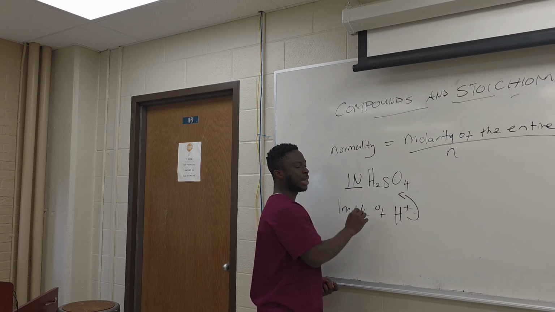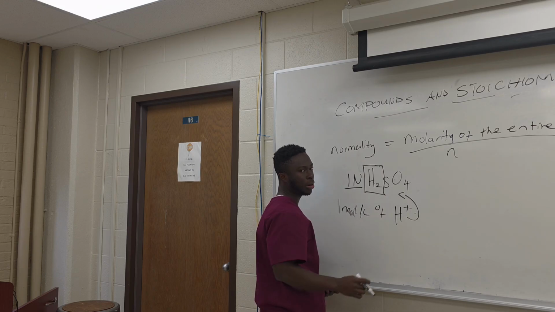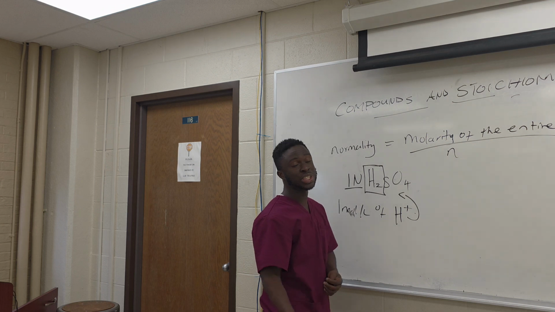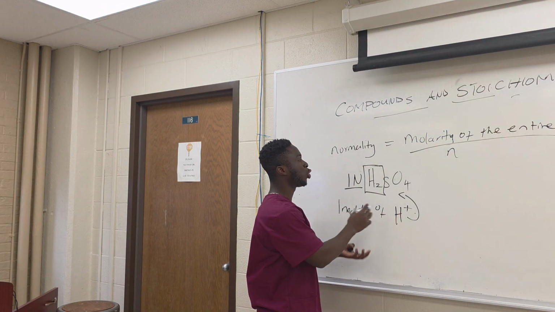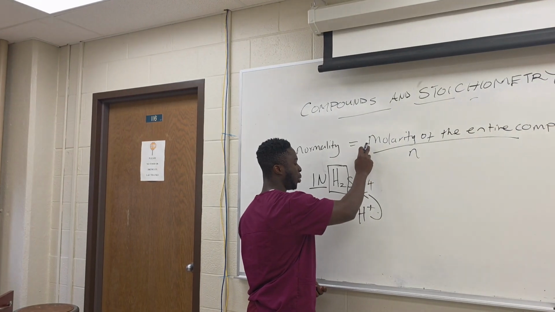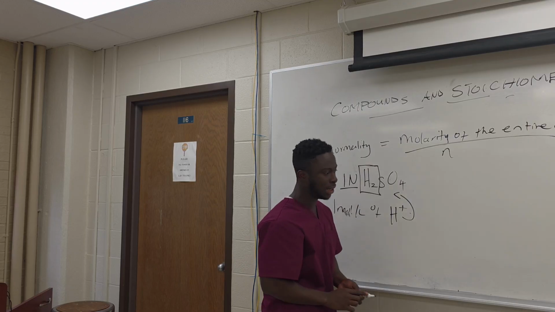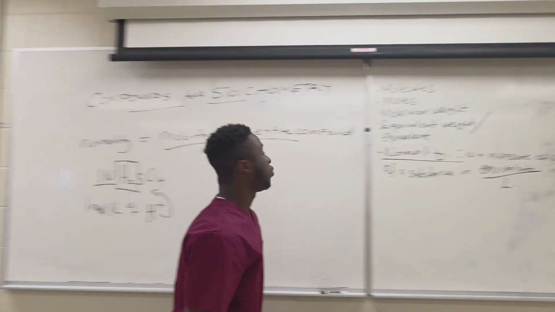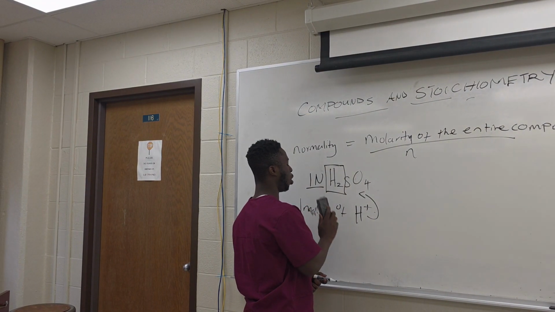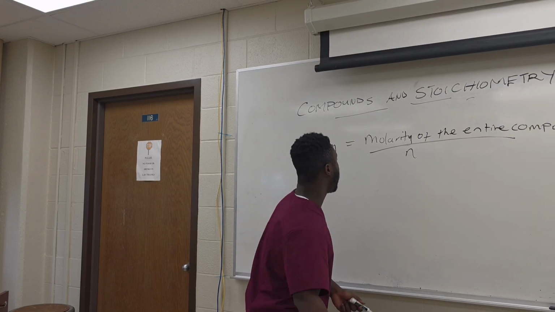So the normality is the concentration of the thing that we are looking for in the compound, not the entire compound. The concentration of the compound itself might change, but we can also use the normality to determine the concentration of the entire compound by using this equation. So if 1 normality of H2SO4 has 1 mole of hydrogen plus in it, what is the concentration of H2SO4?